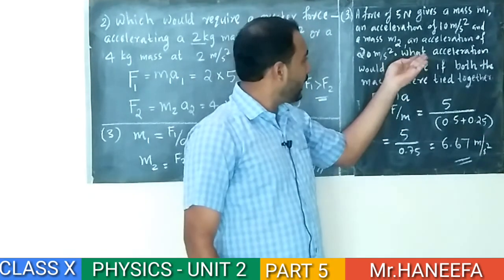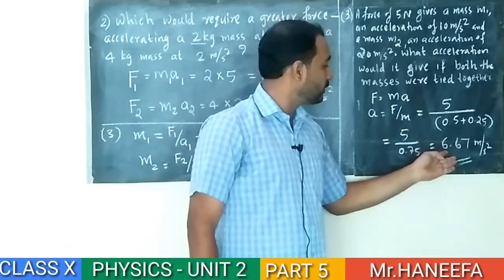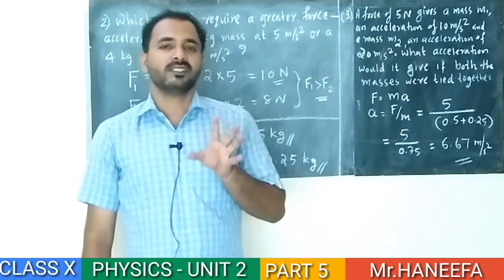So what acceleration would it give if both the masses were tied together? 6.67 meter per second square.